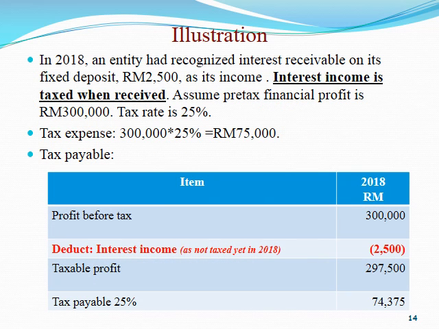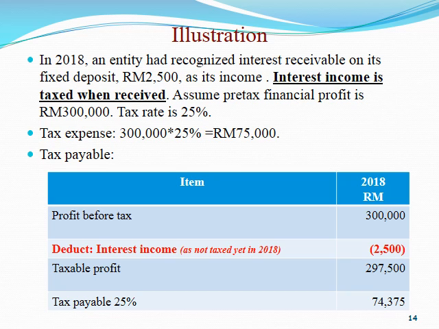Alright, let's move to the next illustration, in which, still in 2018, assume that an entity had recognized interest receivable on its fixed deposits, RM2,500, as its income.